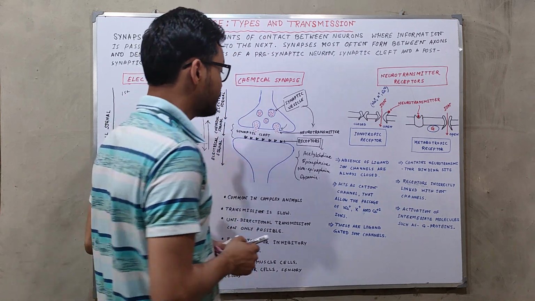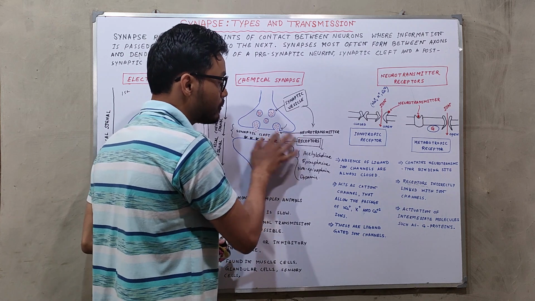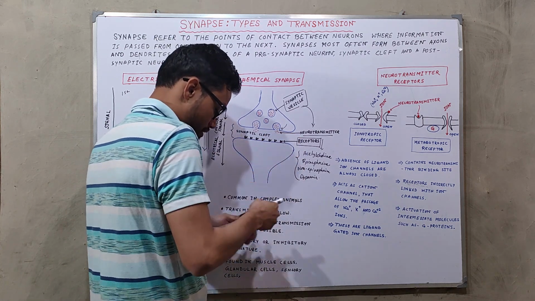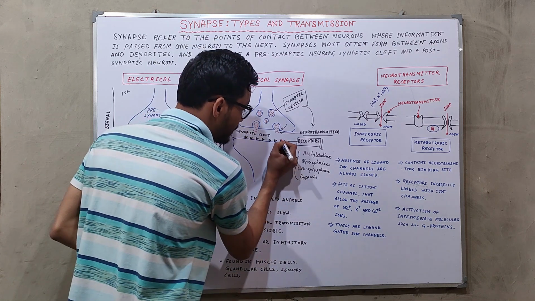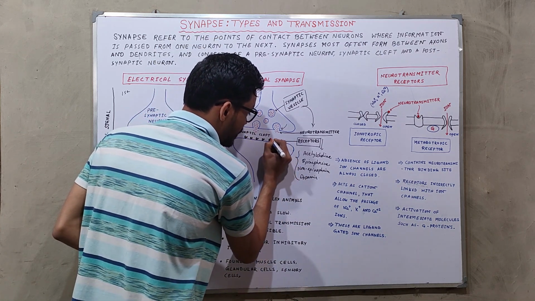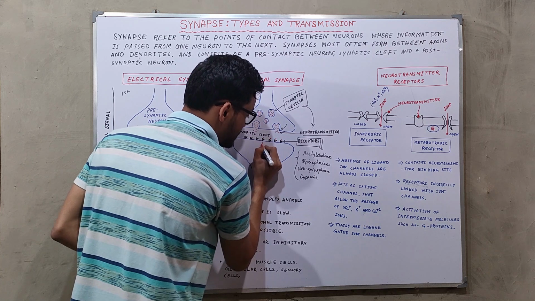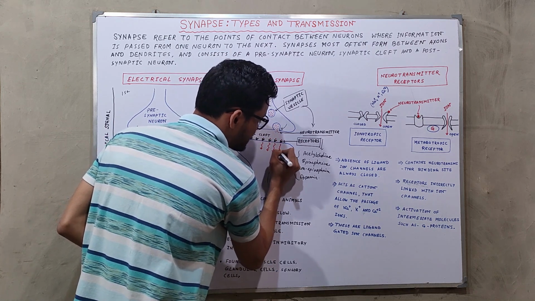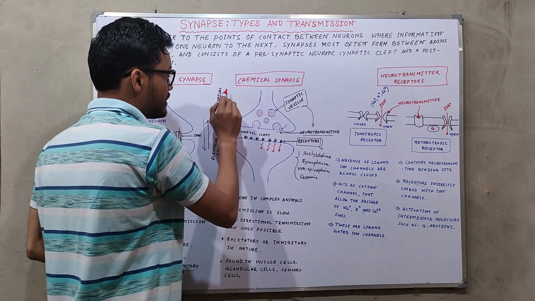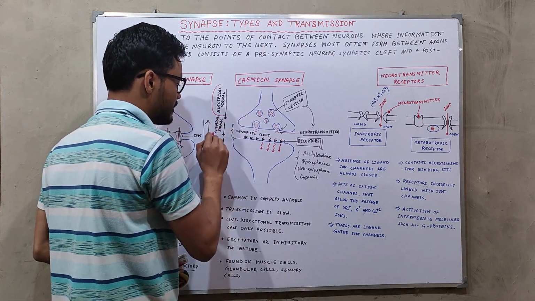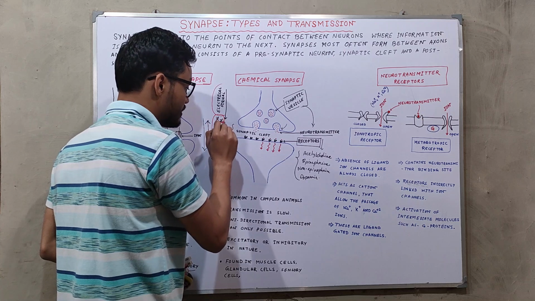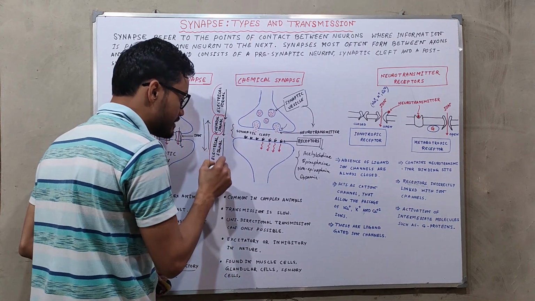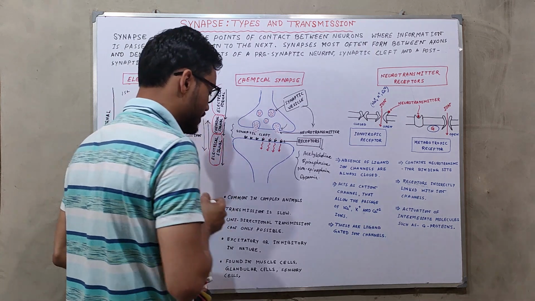This receptor recognizes those particular neurotransmitters, and the neurotransmitter binds with the receptor and transmits the signal inside the neuron. So in chemical synapses, first the electrical signal is converted into a chemical signal, and again this chemical signal is converted into an electrical signal.